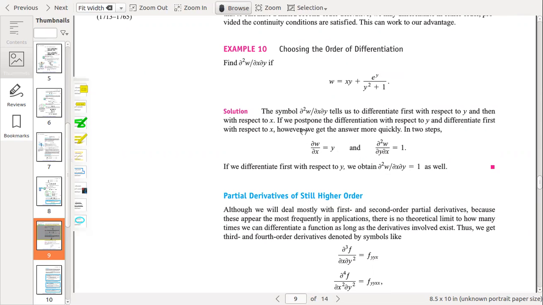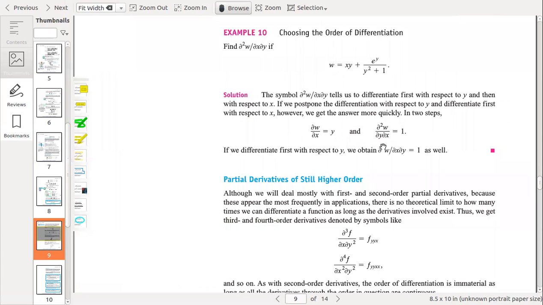So if we postpone the differentiation with respect to y and differentiate first with respect to x, however, we get the answer more quickly in two steps. Partial w over partial x is equal to y, and partial square w over partial y partial x is equal to 1.